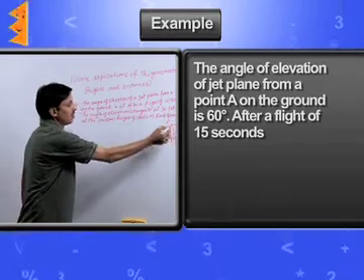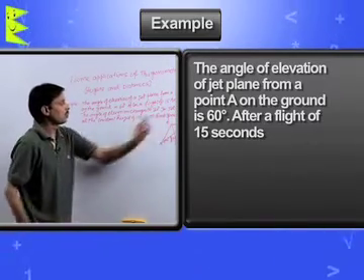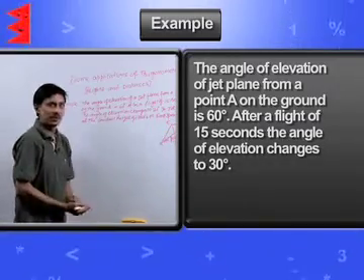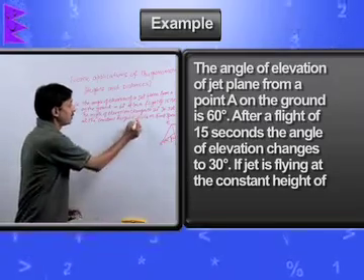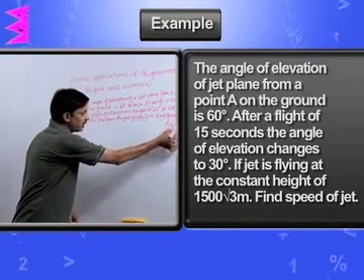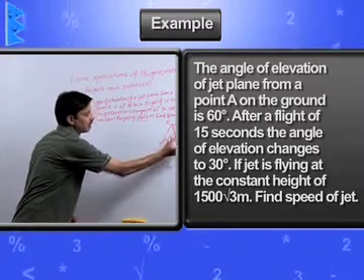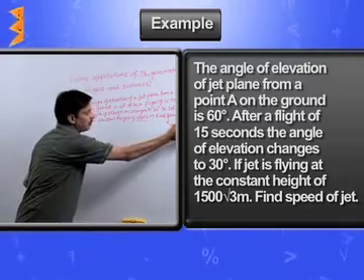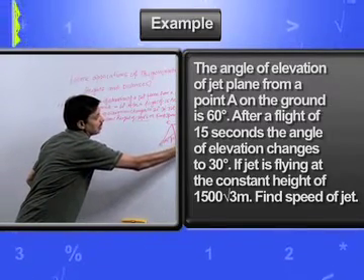After a flight of 15 seconds, that means the time taken by the plane from E to C is 15 seconds, the angle of elevation changes to 30 degrees. If the jet is flying at a constant height, which is also given, that is 1500 root 3, that is height ED is 1500 root 3 meters. And the word constant is used, it means that height CB is also 1500 root 3 meters.